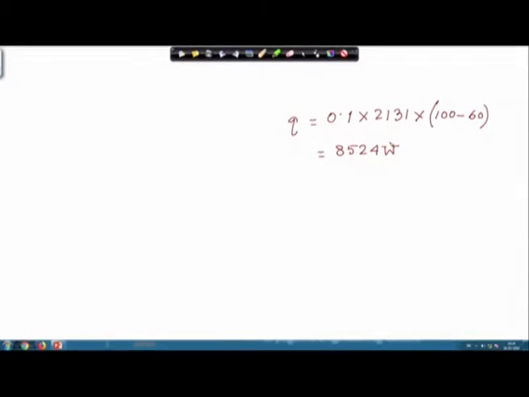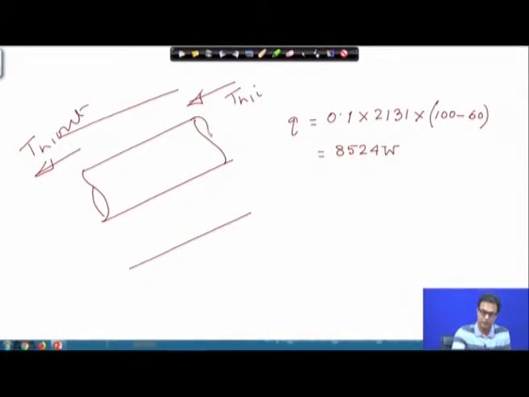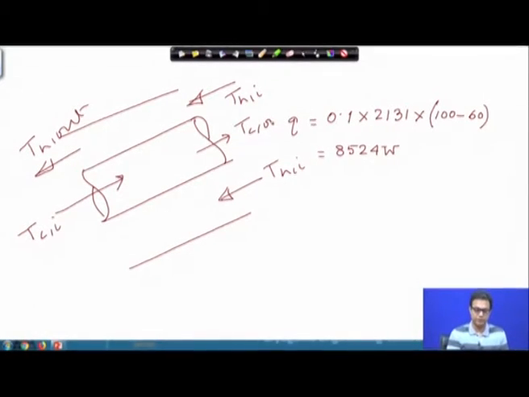Now, this is the hot fluid, this is T H in, this is T H out, and this is an annular space through which the oil was flowing, and this is through which T C in and T C out, the cold exit temperature, are defined.